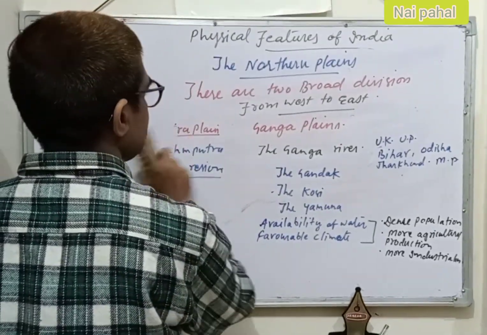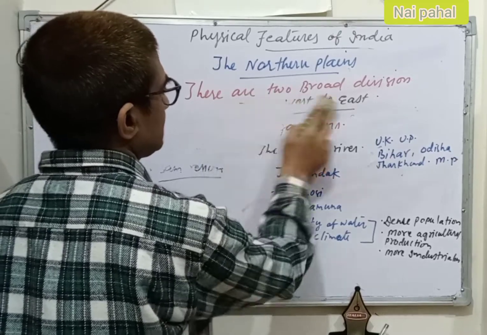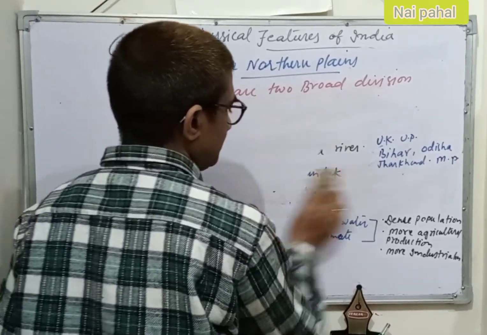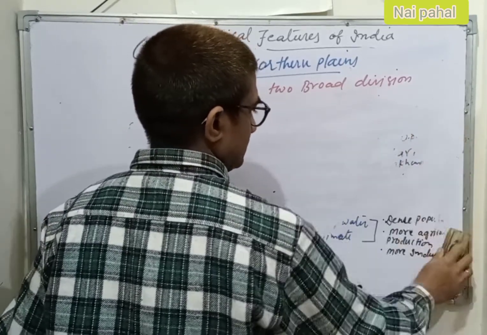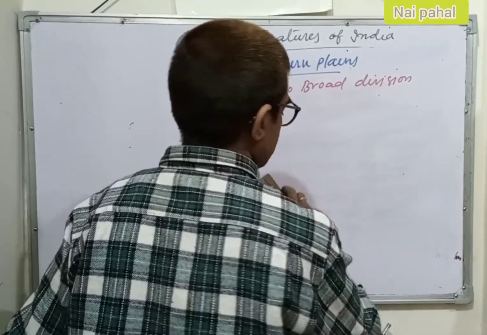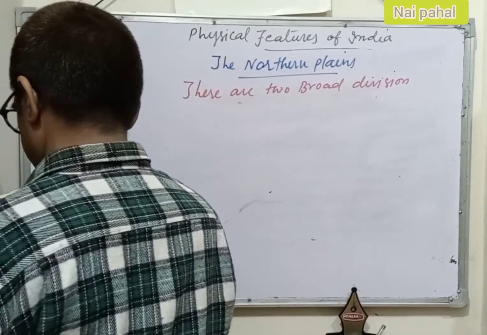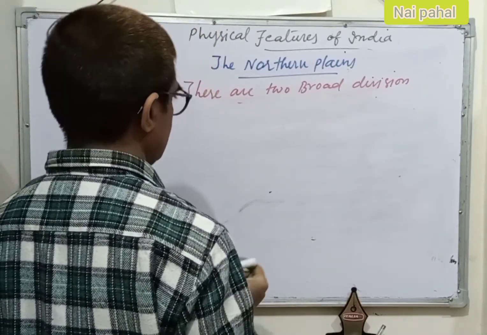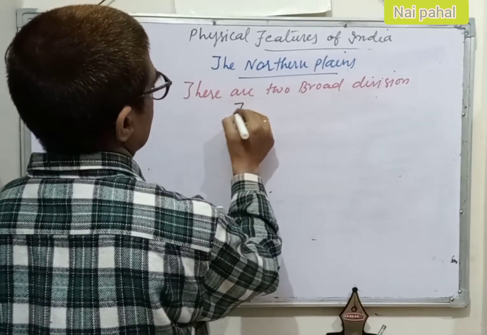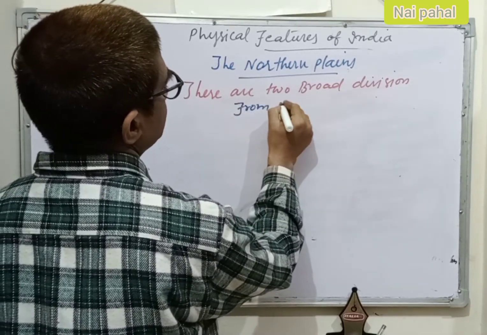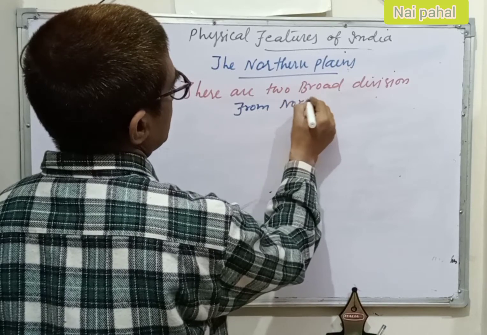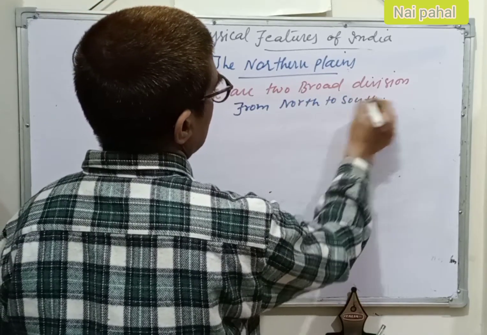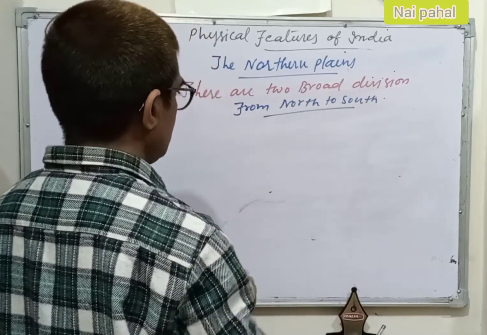Now we will study the broad division of the northern plains from north to south. From north to south, there are four divisions.